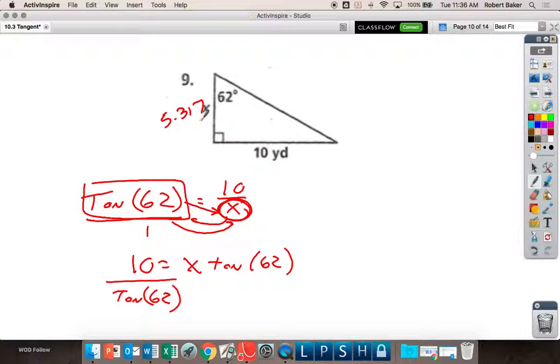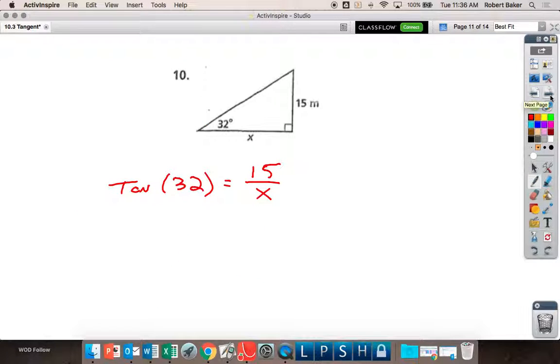How it works when there's an X in the bottom. I think I have another one right here. So in this scenario, because there is a variable as the denominator, this and this swap locations.